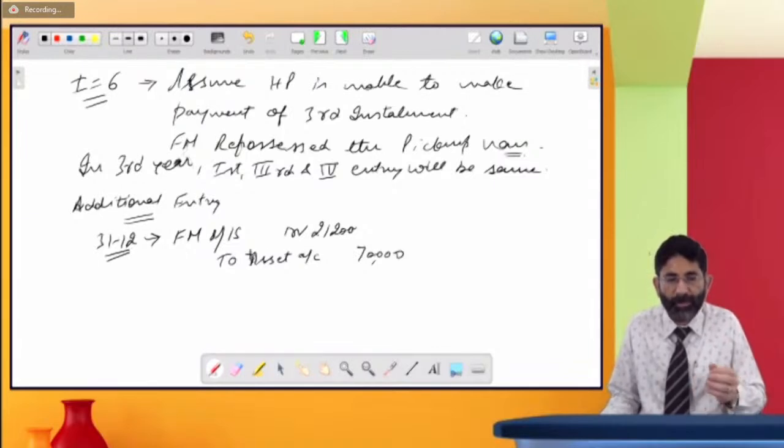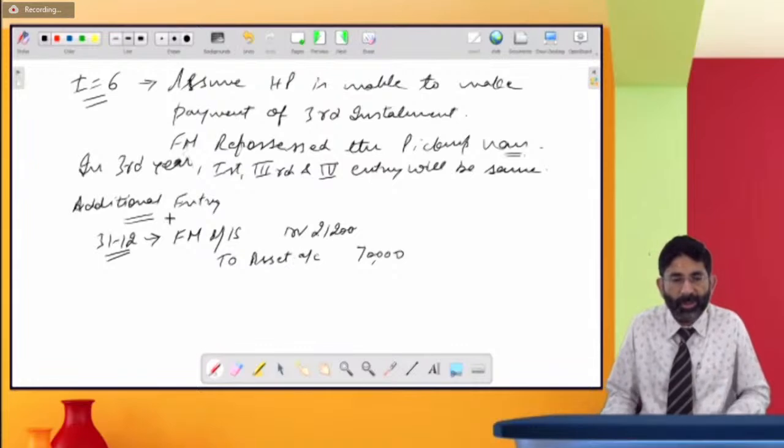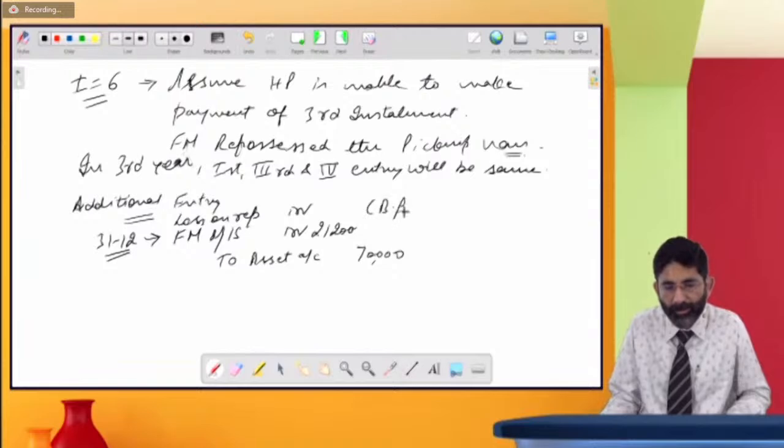Hence, FM will be debited with 21,200 and asset will be credited with 70,000. Difference will be loss. That will be loss on repossession, debit. It will be balance sheet figure 48,800. This will be the balance sheet figure.